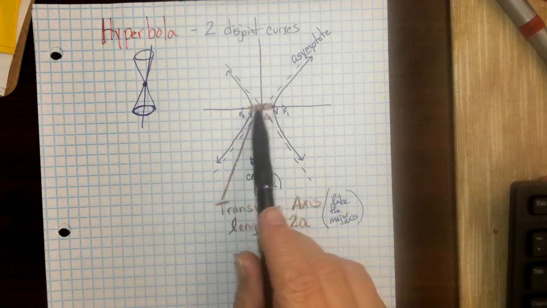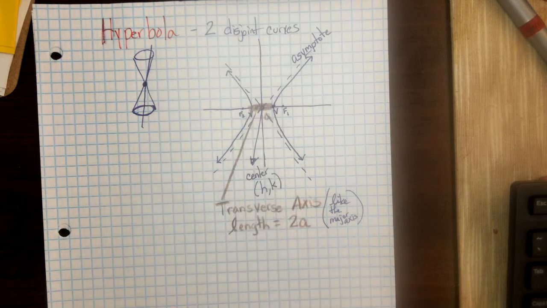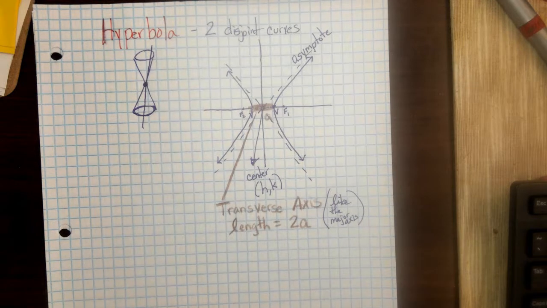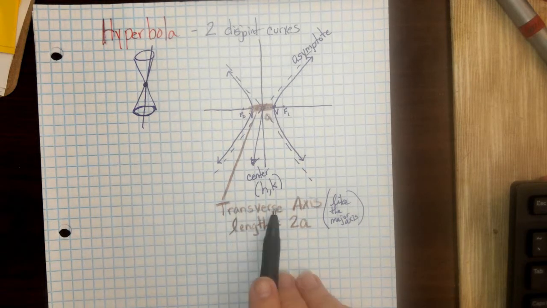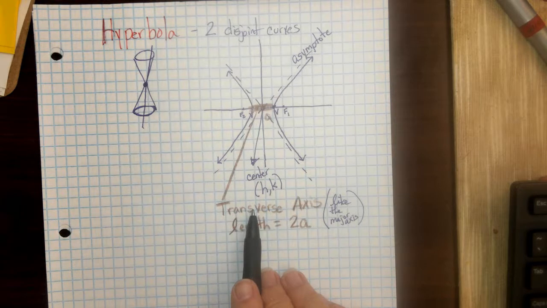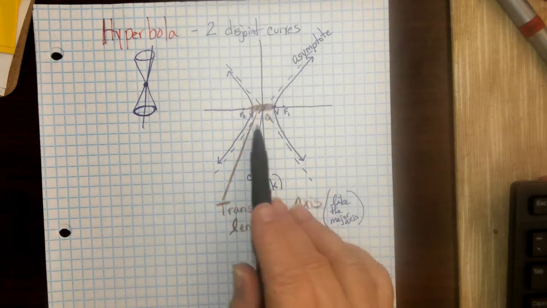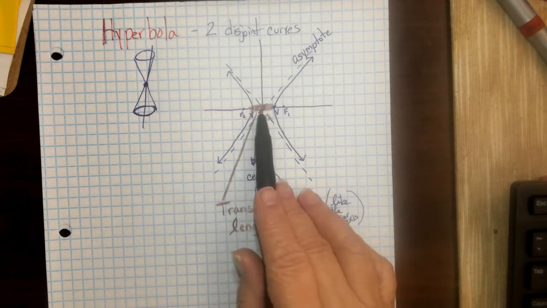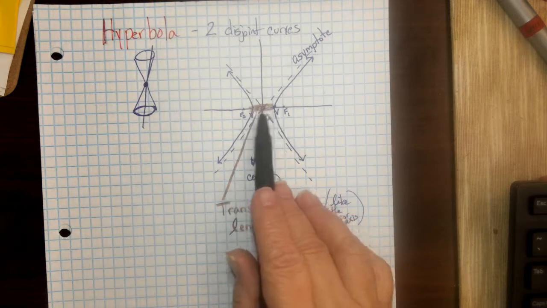The reason that it's not like the major axis is it doesn't have to be the longest. So that's probably why they don't call it major and minor, because it's not necessarily the longest. The word transverse, trans means to move, like transportation. So it's the axis that moves between the two vertices. Right?